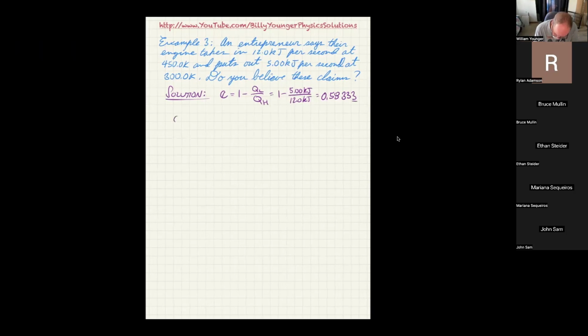Now the Carnot efficiency, E Carnot, is 1 minus T low over T hot. So that's 1 minus, now the low temperature is 300.0 Kelvin. We were lucky in that they gave us the temperature in Kelvin already, so Mr. Younger doesn't have to do arithmetic. And I'm going to divide that by 450.0 Kelvin.